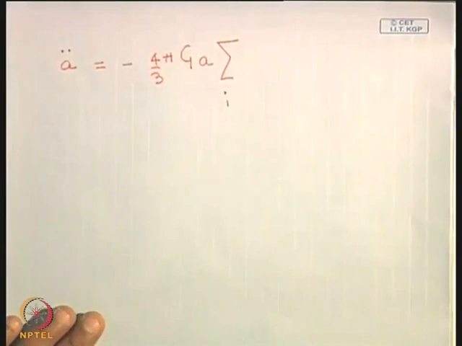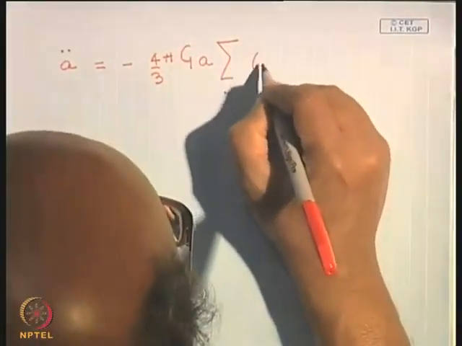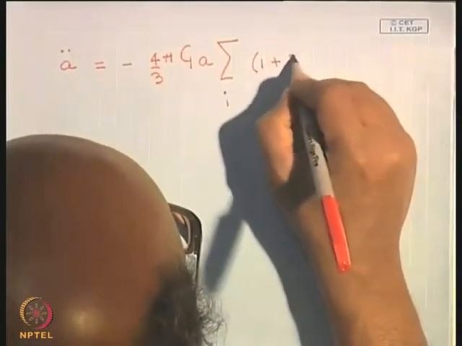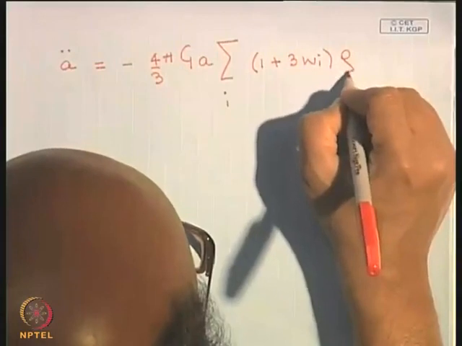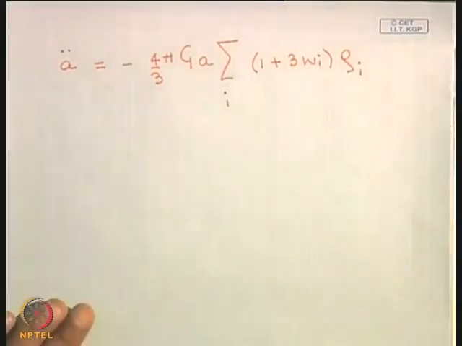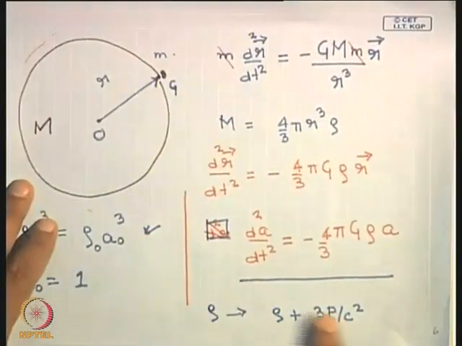Each component contributes (1 plus 3 w_i) into the density, because I told you if the particular component has pressure, then the density has to be replaced by rho plus 3p by c squared.